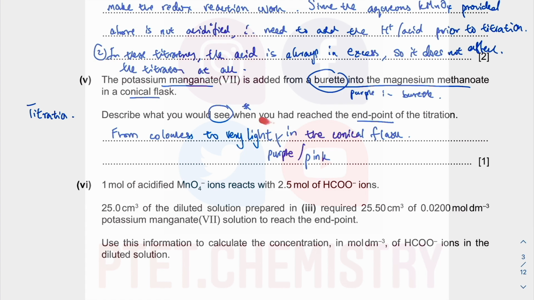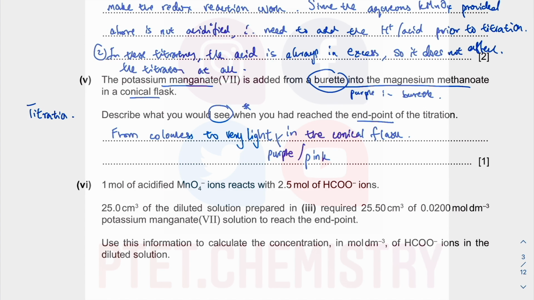But what you will not see is, you will not see it as dark as the thing in the burette, because you only have one extra drop, because you are very good at doing a titration. You only have one extra drop, and then there's your end point. Alright, so you don't see the very dark purple you see in the burette, but instead you see a very light purple as a result of one extra drop of that very purple solution into the conical flask, which mostly contains a colorless solution.